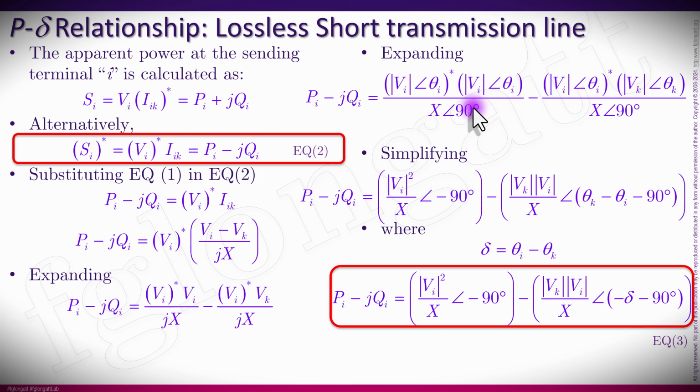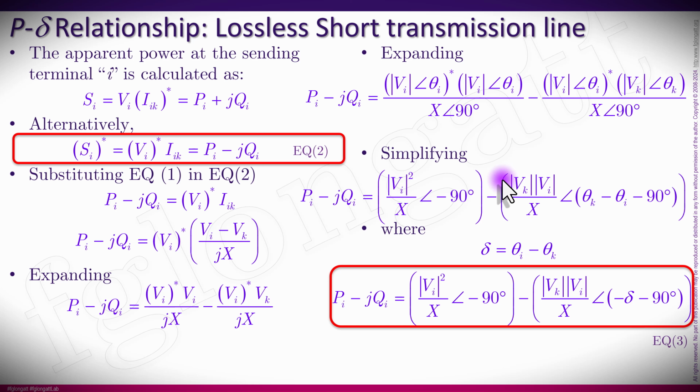So now it's a question of applying the properties of multiplying complex numbers using the polar representation. In this case, we have the square of the magnitude of the phasor of the sending voltage divided by the reactance, and this angle will be negative because we have the conjugate. Here we have the same angle, so this minus this is 0, and this 90 degrees is moved to the numerator as minus 90.